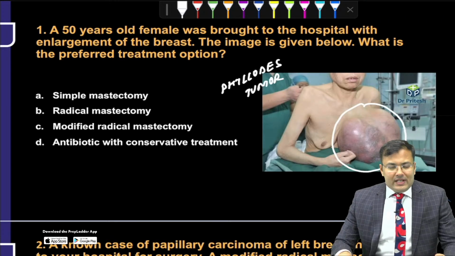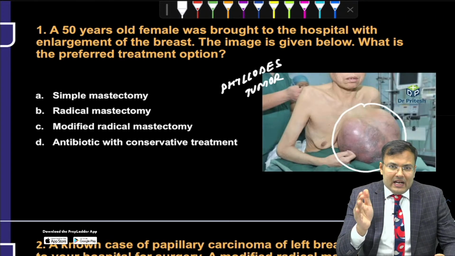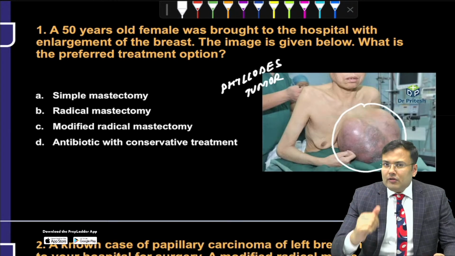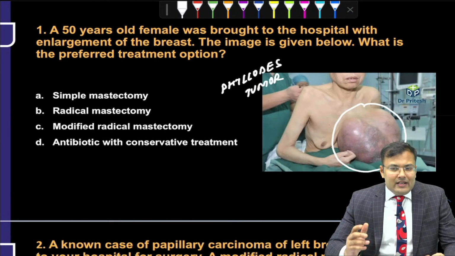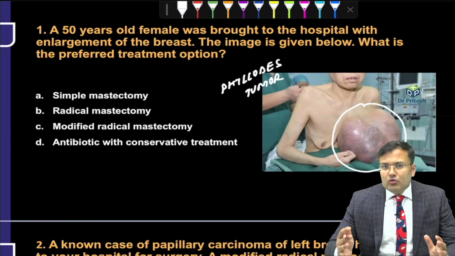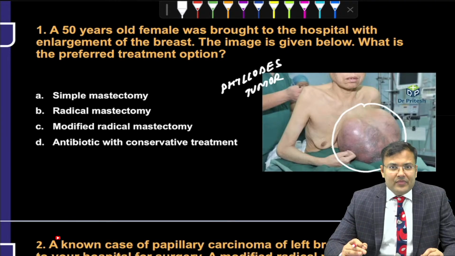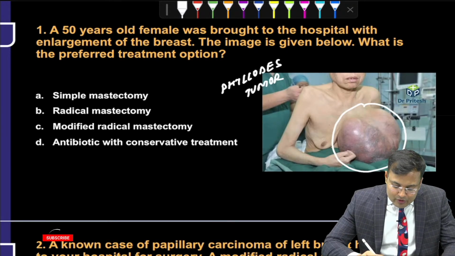One important point is there. What is the basic difference between carcinoma and sarcoma? In carcinoma, the most common route of spread is lymphatic. And in sarcoma, the most common route of spread is hematogenous. Right? So what is the other name of Phyllodes tumor? Cystosarcoma phyllodes.